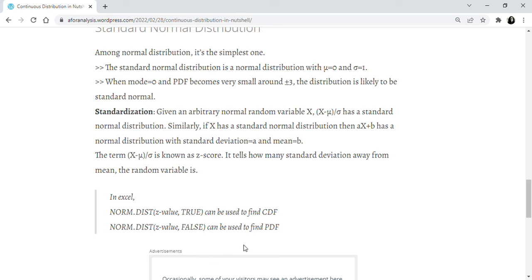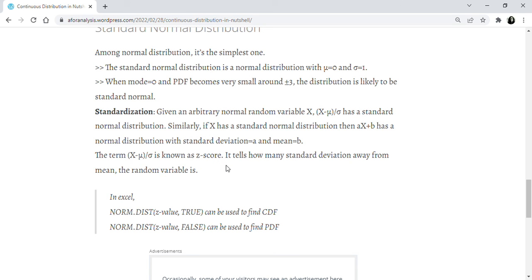Similarly, if we know that x has a standard normal distribution, ax plus b will have normal distribution with standard deviation equal to a and mean equal to b. The term (x minus mu) by sigma, where we are just deducting the mean and dividing by sigma, is known as the z-score of x.